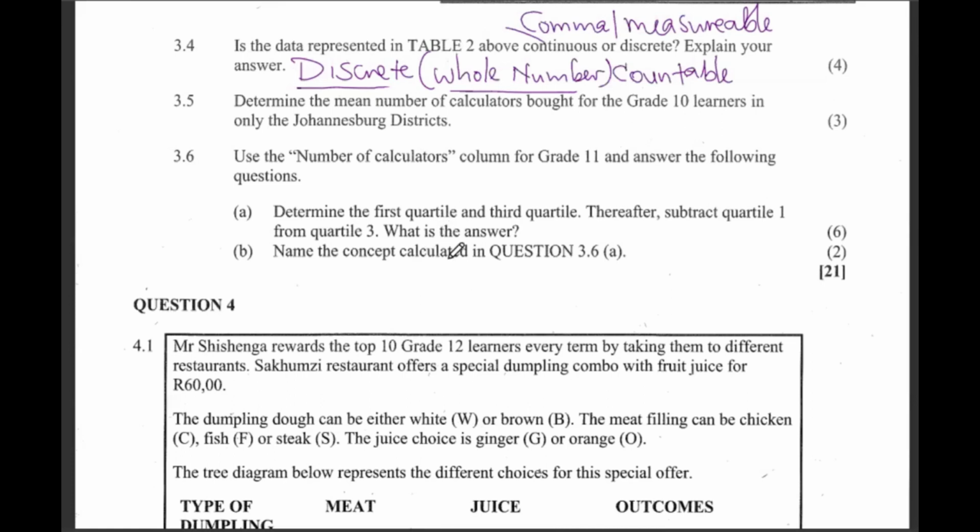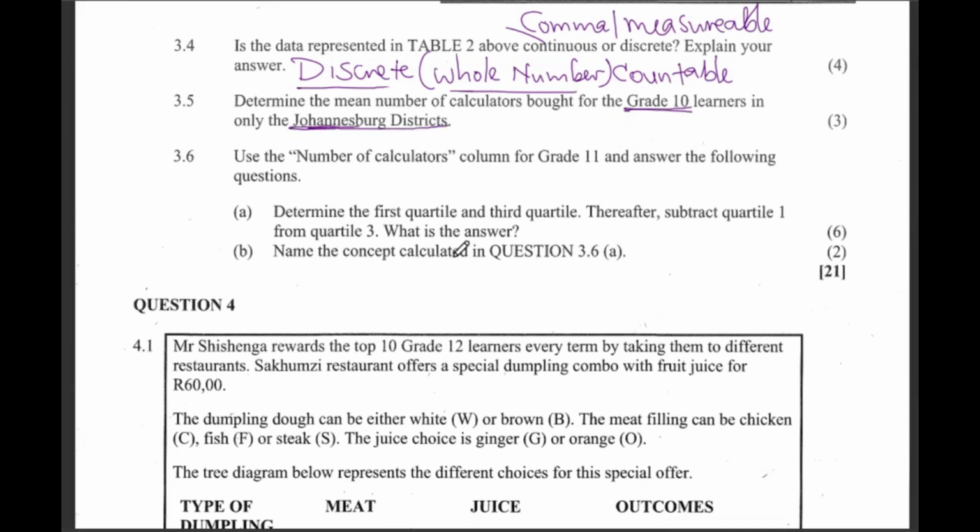3.5. Determine the mean of the calculators bought for grade 10 learners in only Johannesburg districts. First and foremost, you're going to the column for grade 10. Take note of that. Then number 2, we are looking at Johannesburg district. Johannesburg is not the only district.